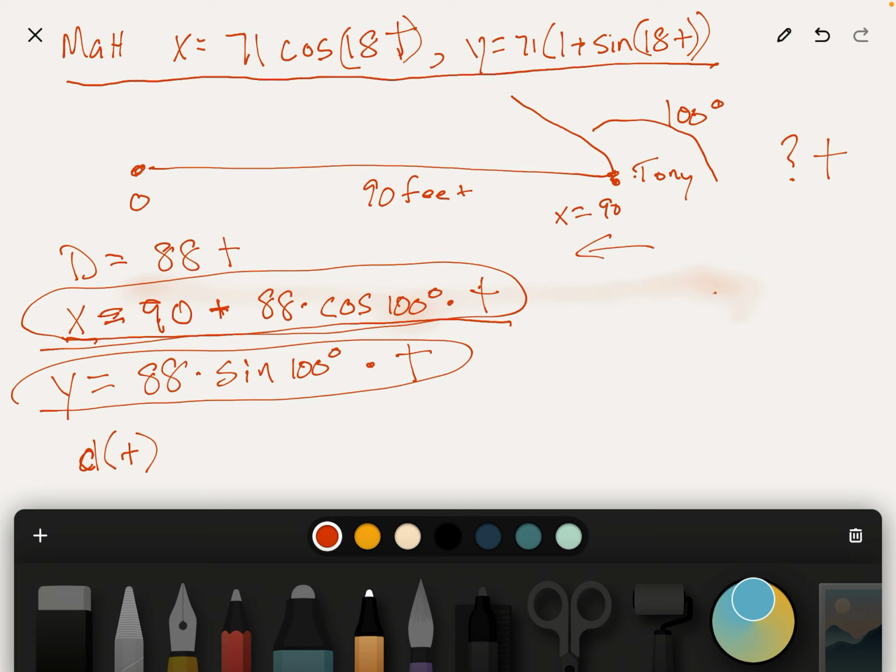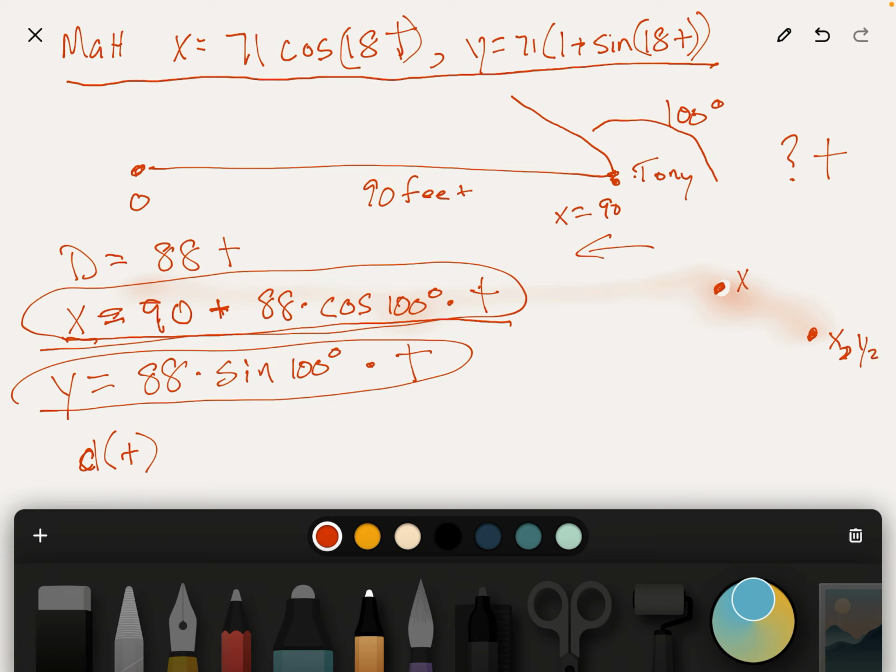And what they're saying is, let's just draw it over here. Here's Matt, and here's the ball at some point in time. Let me draw this bigger. Here's Matt at a certain time. Here's the ball at a certain time. And this ball has an x and a y coordinate. Let's call that x2 and y2.